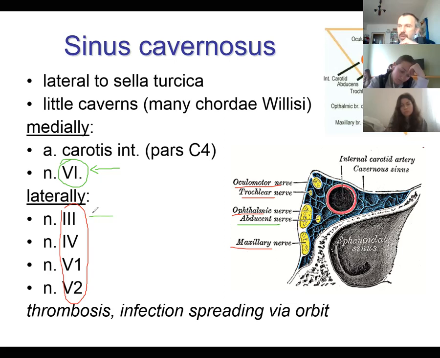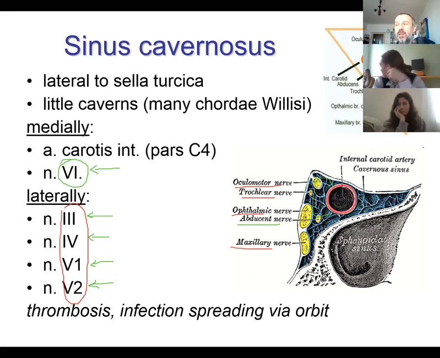And then, of course, palsies of the 3rd and 4th, which then cause, again, impairment of the eyeball movements, and then some irritation of the trigeminal nerve. And this can be caused not only by thrombosis or inflammation, but also by an aneurysm of the carotid artery in this area.